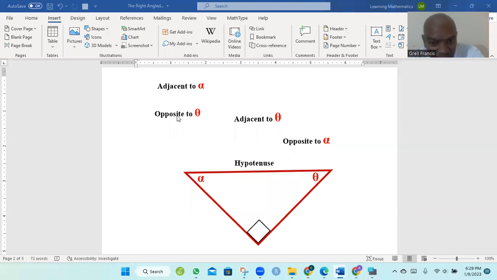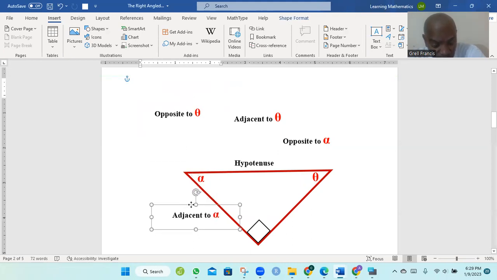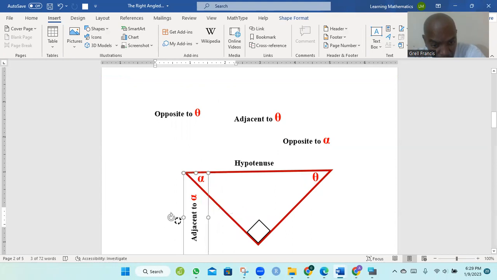In these options, there are two correct ones for this side, and one of them is adjacent to alpha because it is next to alpha. So we can correctly call that side adjacent to alpha, and label it like that.